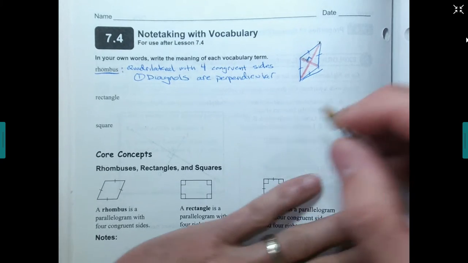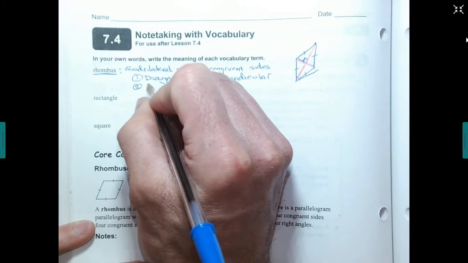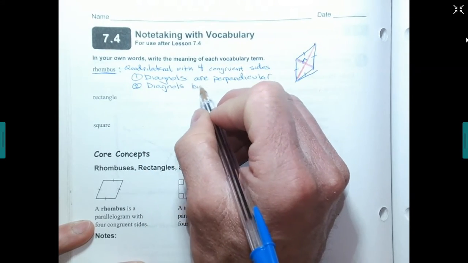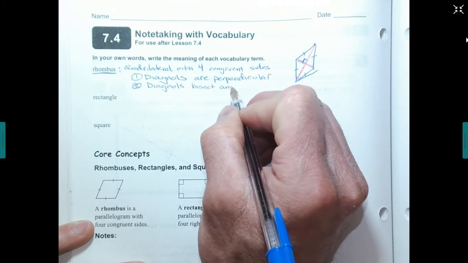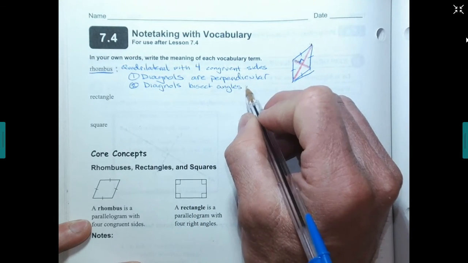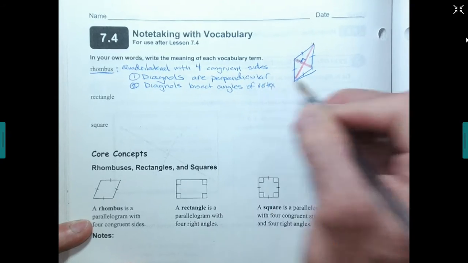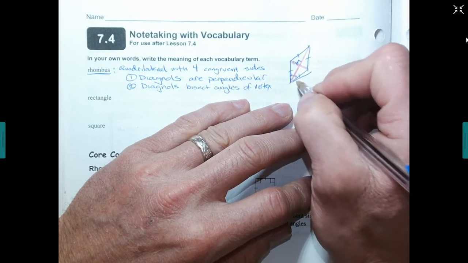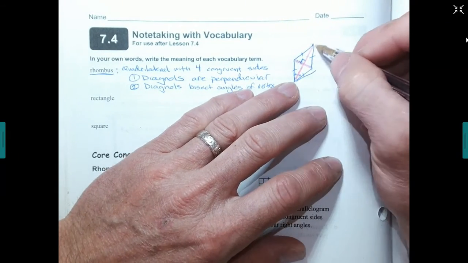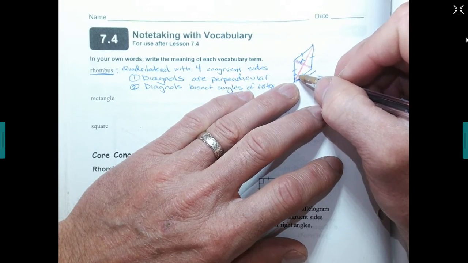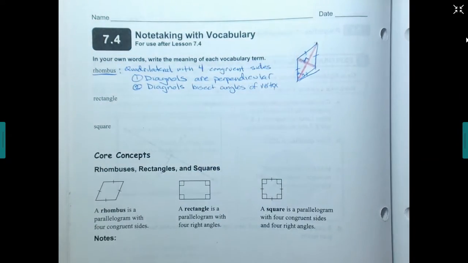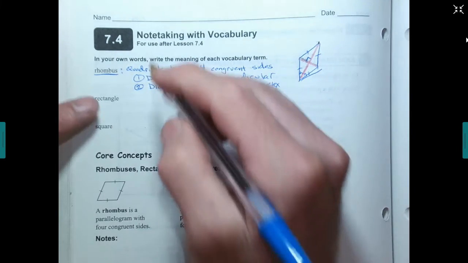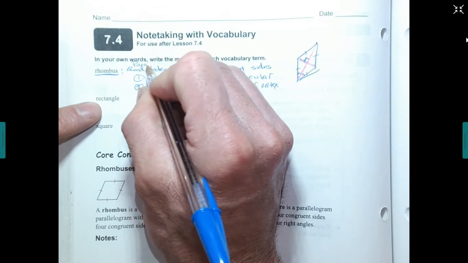And the other thing that we know is that the diagonals bisect the angles in the vertex. So what that means is that this is equal to this. It's a quadrilateral, but it's a parallelogram.